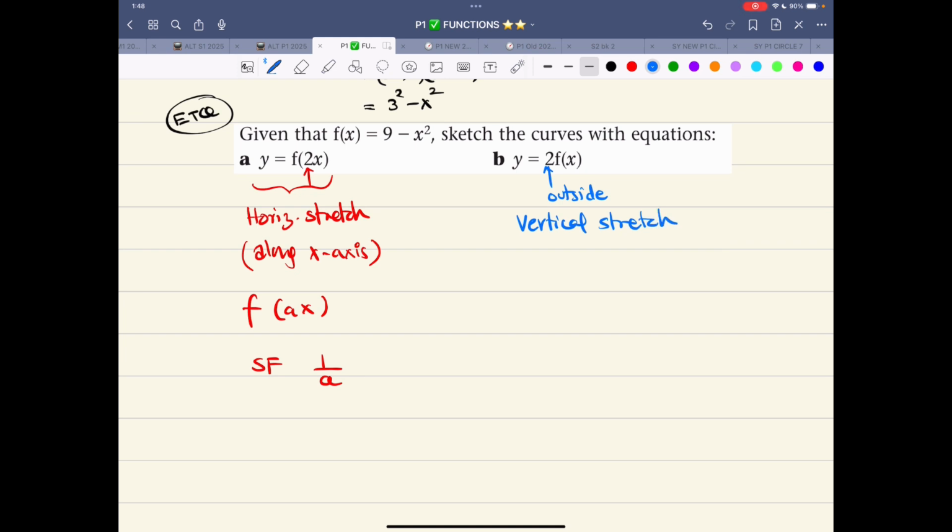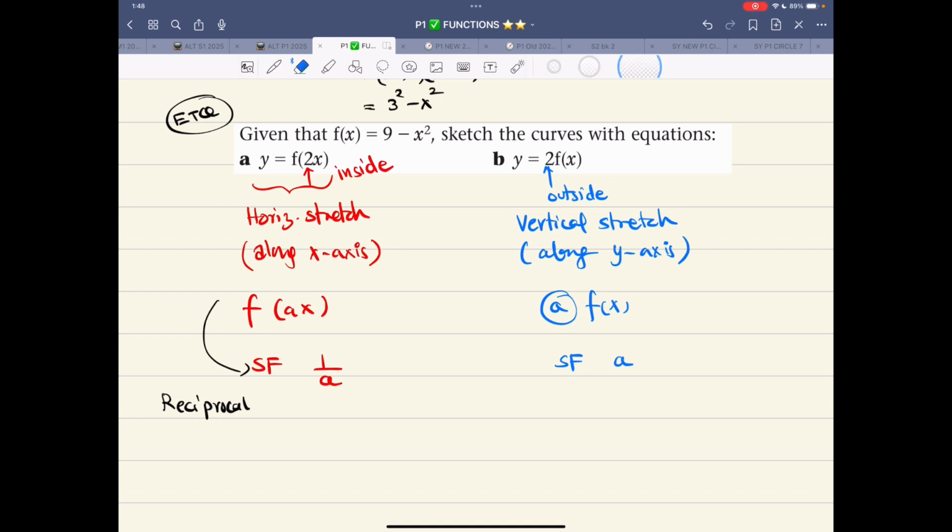And if it's a vertical stretch, it is along y-axis. It is k of f(x) or a of f(x). And the stretch factor is what's written over here, that is a. Over here, the hint is, remember the word reciprocal. Also, let me write over here, the 2 is on the inside. So now let me just erase this thing. Now everything is set over here.